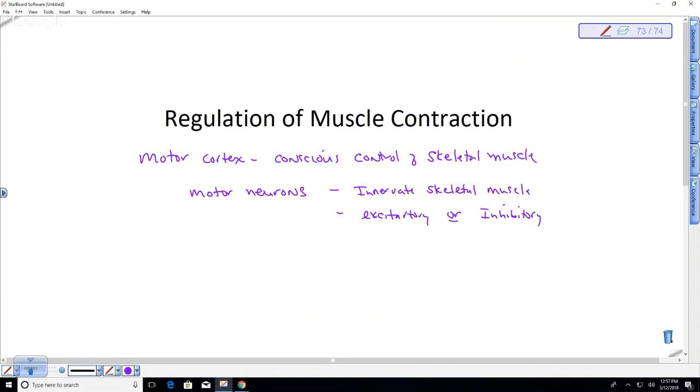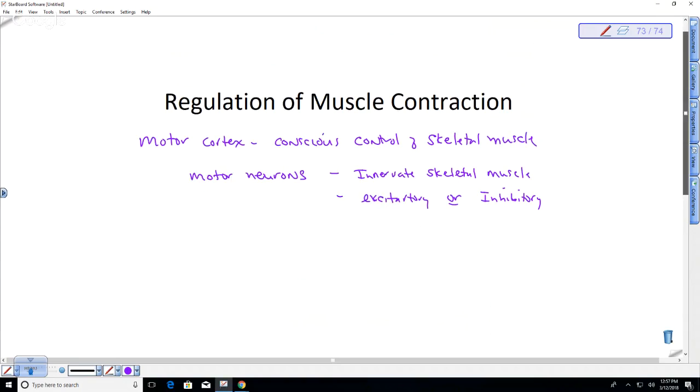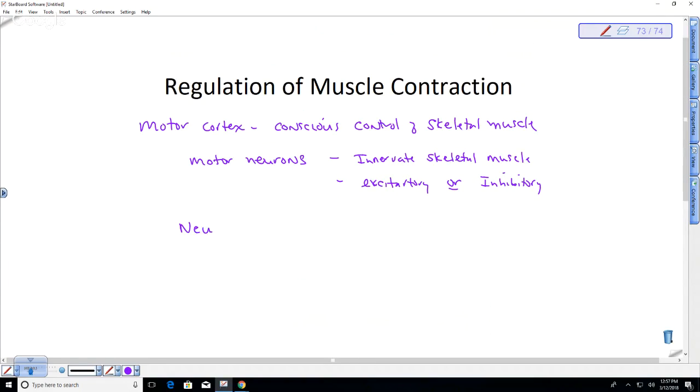Okay. So these motor neurons release neurotransmitters. The neurotransmitters diffuse across the synapse. The synapse is just the space between the motor neuron and the skeletal muscle fiber. They bind to receptors.